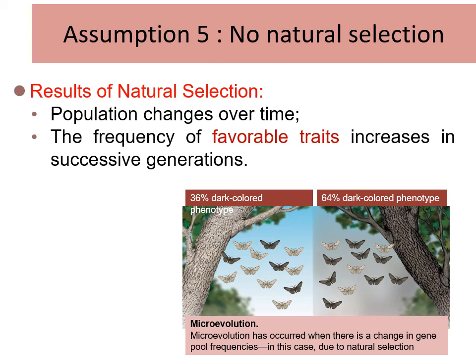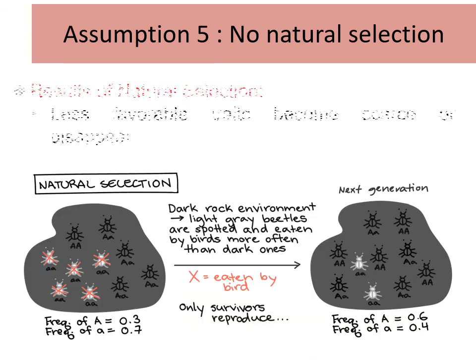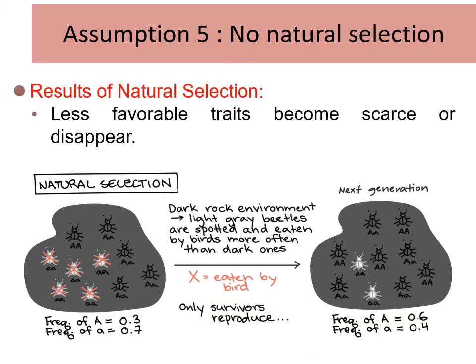Over time, the process of natural selection leads to an increase in the frequency of good or beneficial genes in a population and a decrease in frequency of bad or harmful genes. When natural selection occurs, less favorable traits will become scarce or disappear from the population.